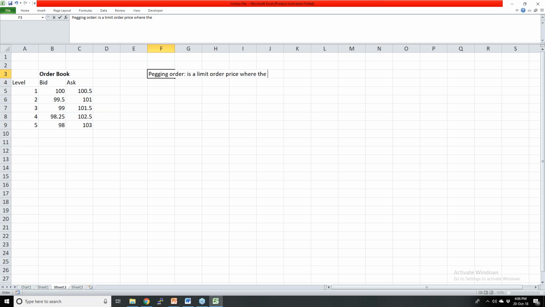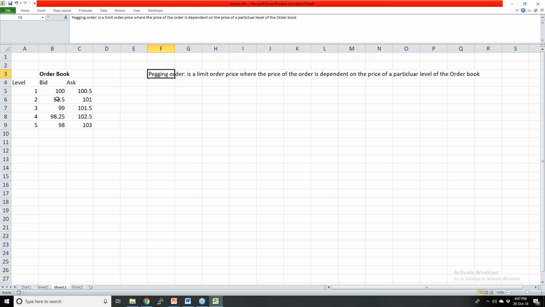Where the price of the order is dependent on the price of a particular level of the order book, right? So I'll just explain to you what this means exactly.